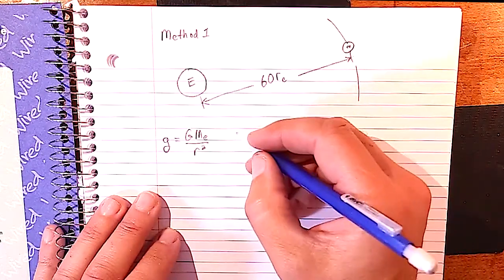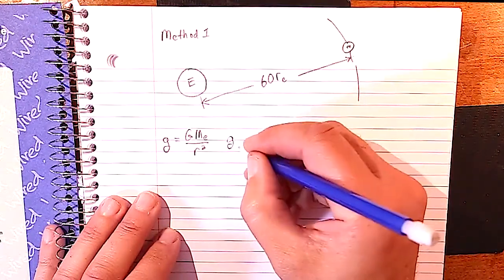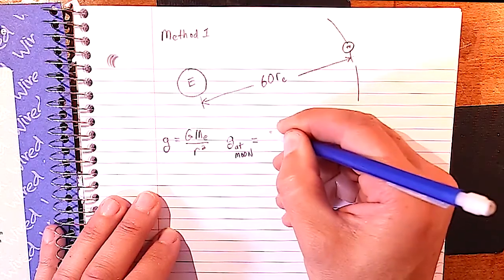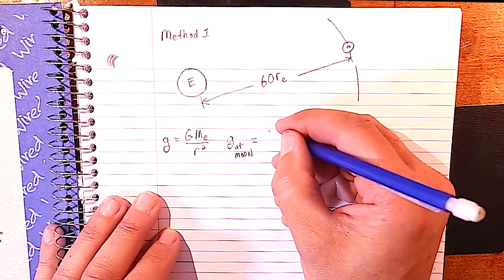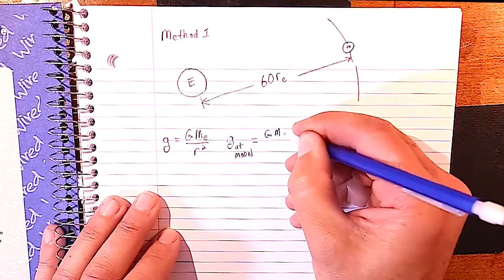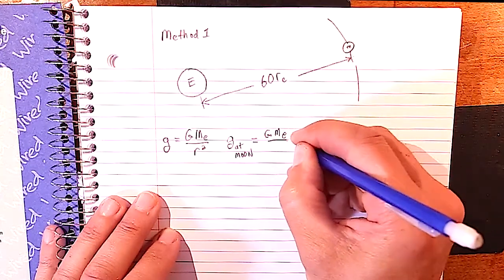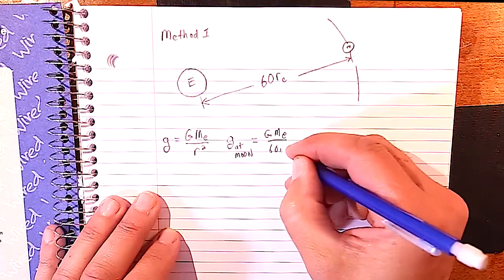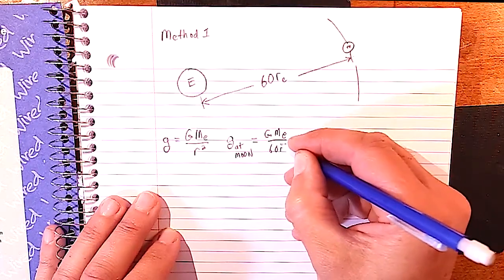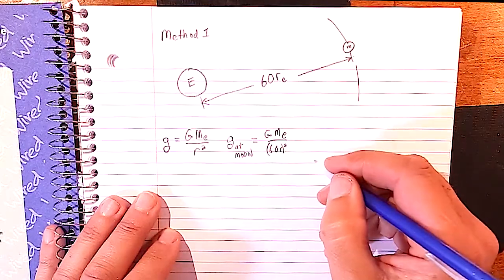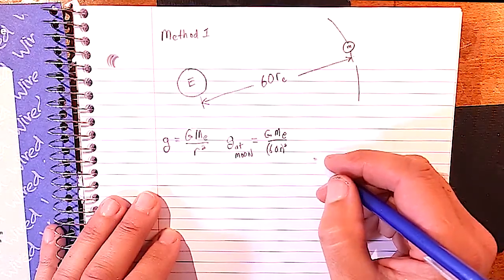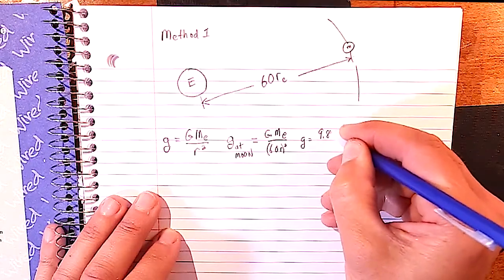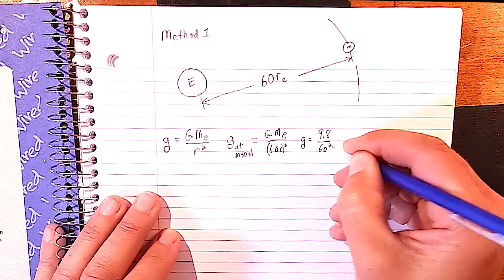So all we have to do to find g at the Moon is to put in G, our universal gravitational constant, the mass of the Earth, and divide that by (60 r) squared. Now remember that the square is also acting on the 60, and if you do this, g is basically just 9.8 divided by 60 squared.